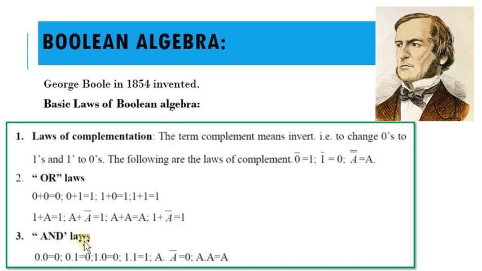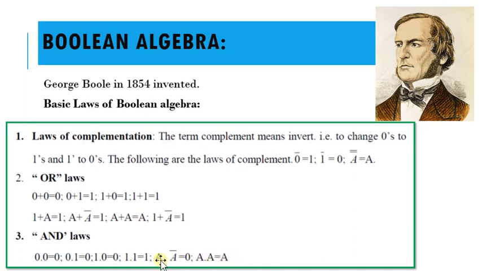Coming to the AND laws. You know, the ANDing operation is 0 into 0 is 0. Anything multiplied with 0 will be equal to 0. 1 into 1 is equal to 1. In terms of characters, a into a bar is equal to 0, and a into a is equal to a.